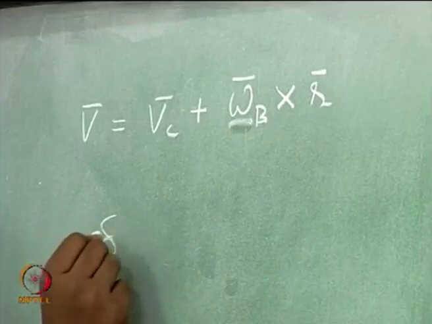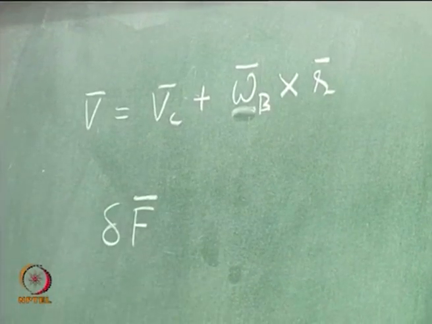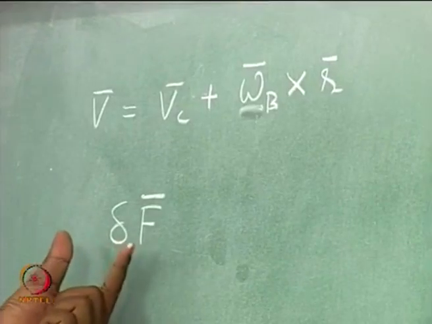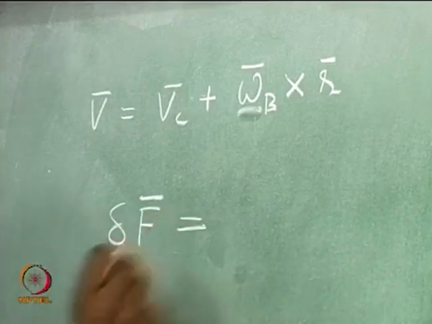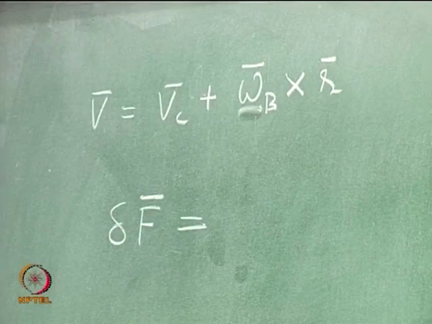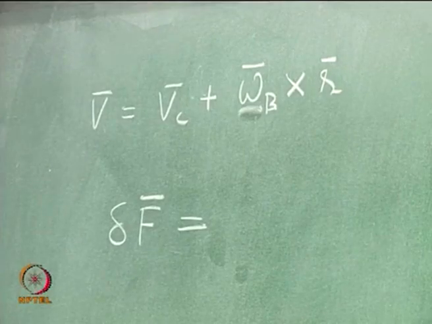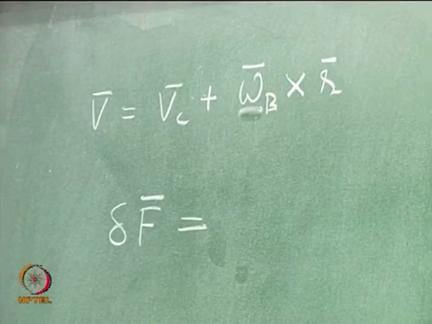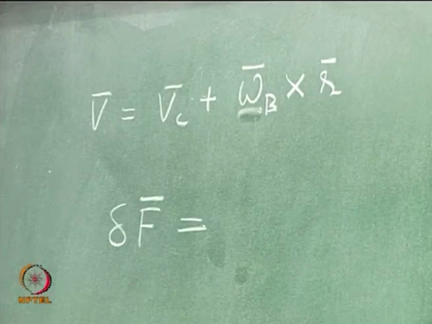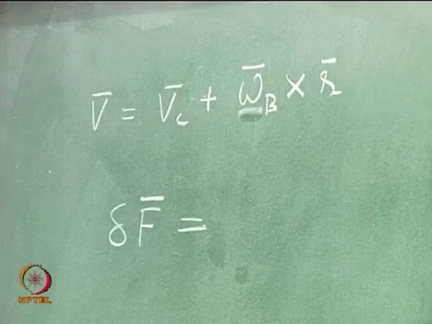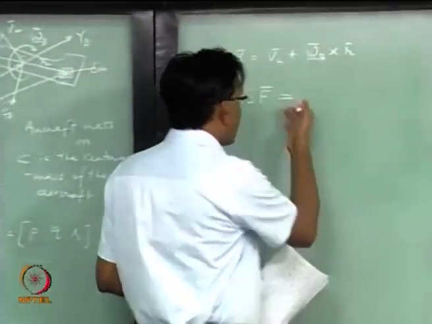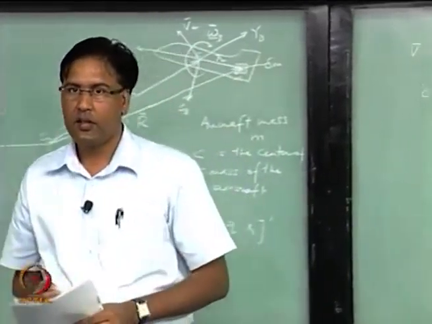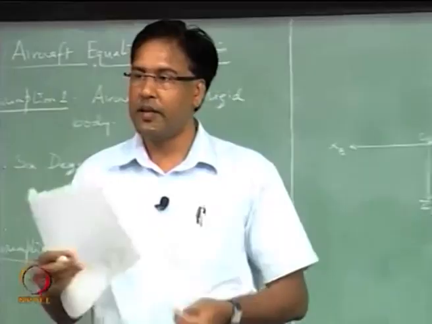So, if this is the force acting on the elemental mass delta m, then the equation of motion can be written in the simple form using Newton's law, right, F equals m into a, right, and acceleration is the rate of change of velocity, right, or the time rate of change of linear momentum is going to give you the force.